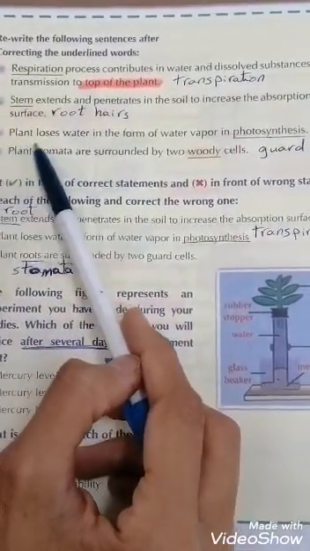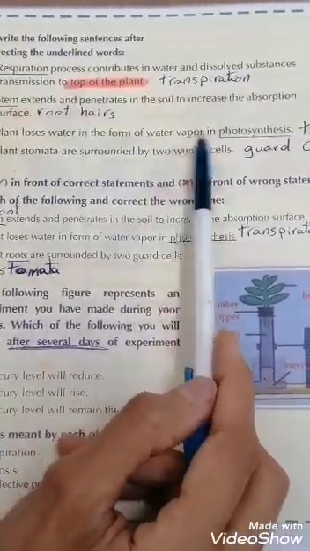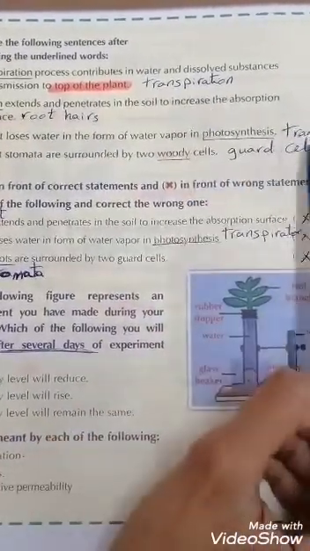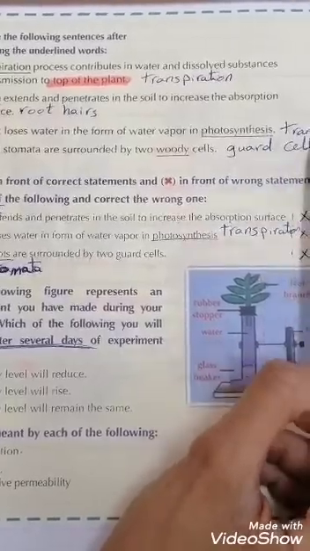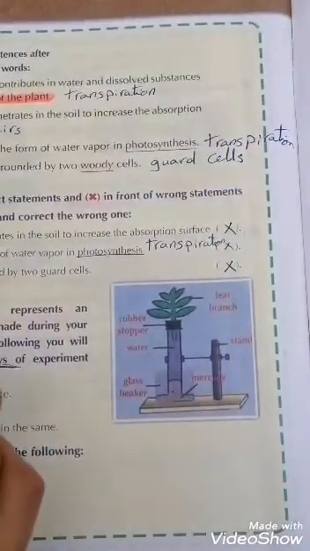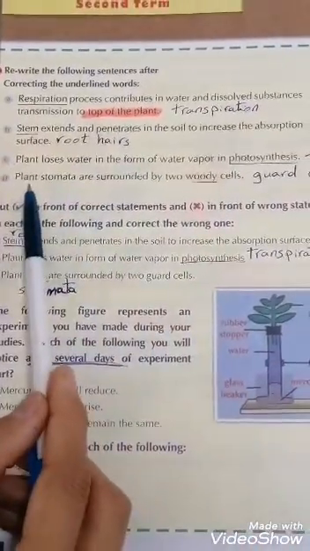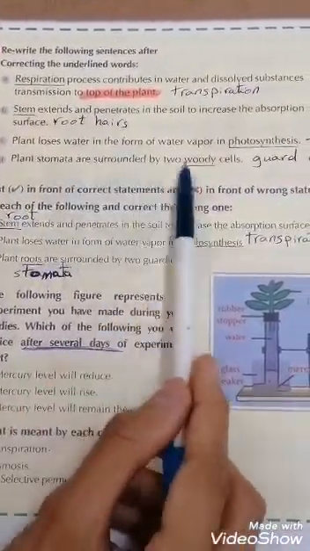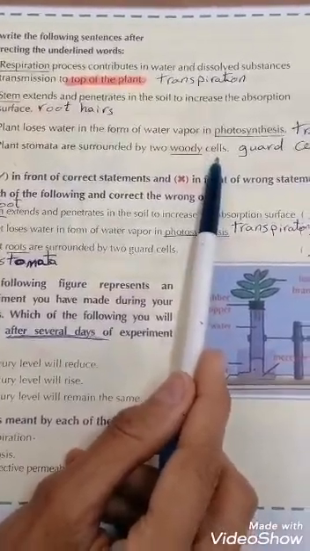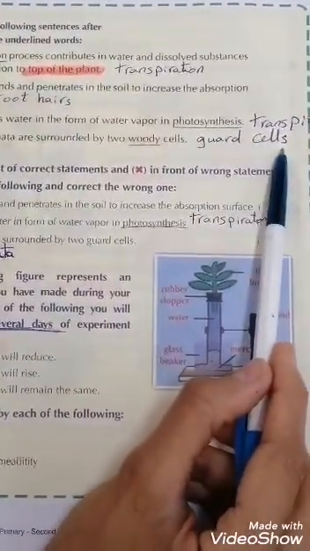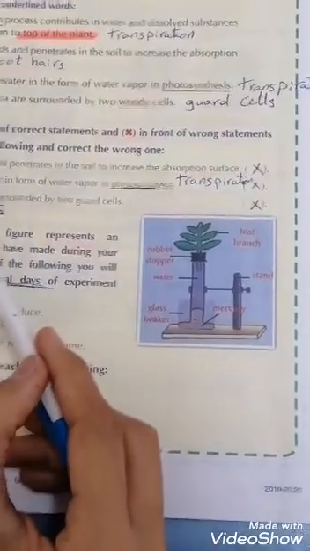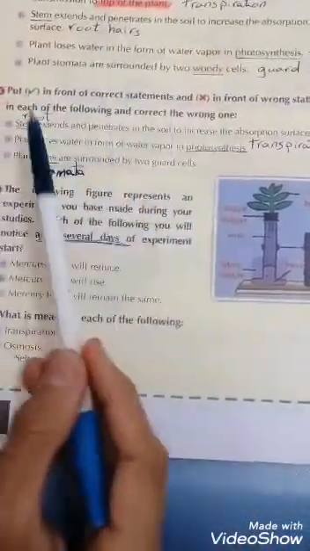Letter C. Plant loses water in the form of water vapor in photosynthesis. Wrong, in transpiration. It loses water through transpiration. The last one: plant stomata are surrounded by two woody cells. No, guard cells. Put right or wrong and correct the wrong one.